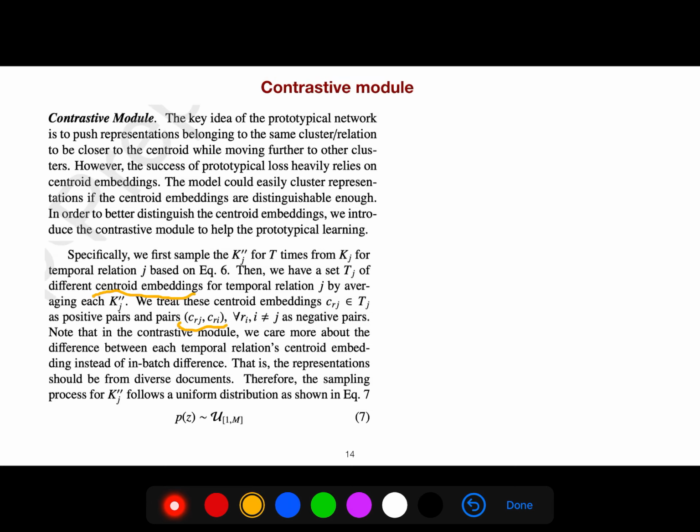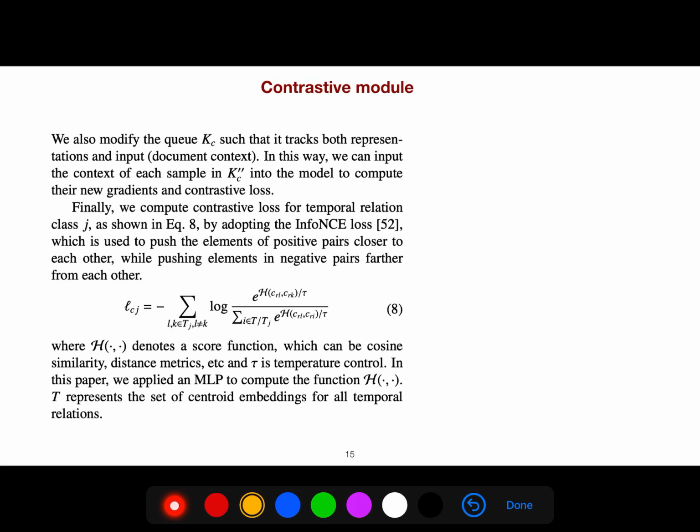The representation should be from diverse documents. Therefore, the sampling process for K follows this uniform distribution. And finally, we compute this contrastive loss for temporal relation class j by just adopting the InfoNCE loss, which I've explained in a different lecture. It is used to push the elements of the positive pairs closer to each other, while pushing elements in the negative pairs farther from each other.